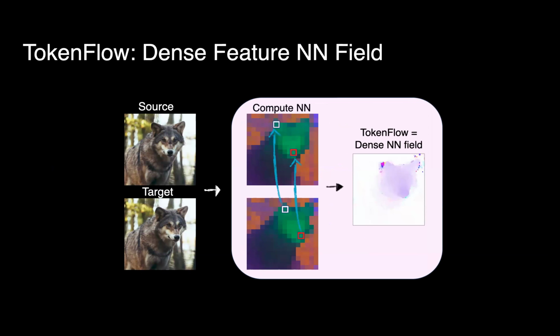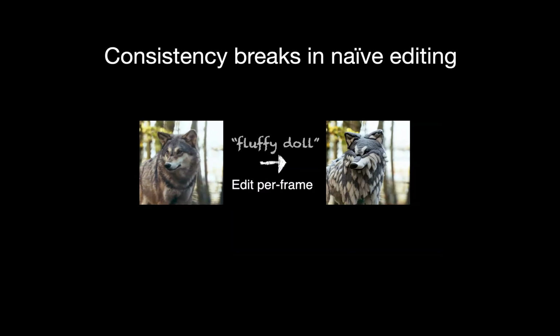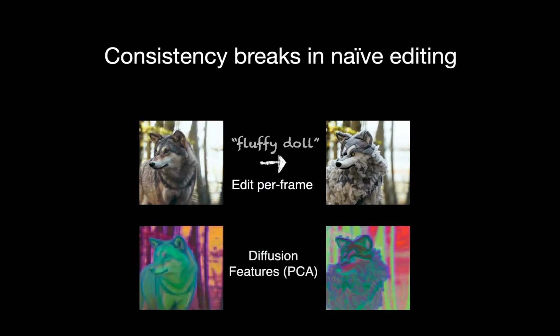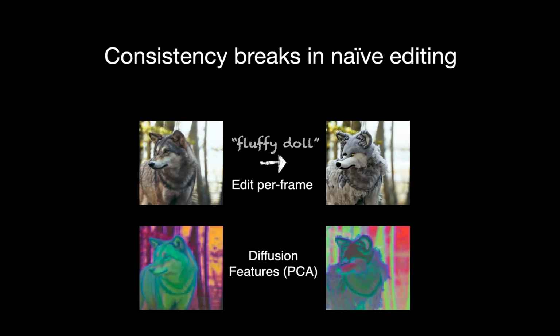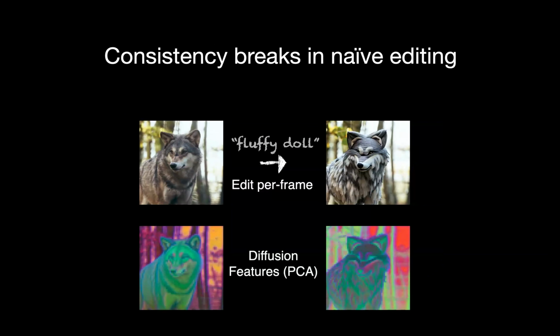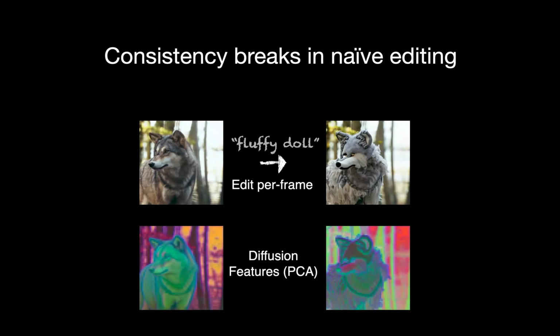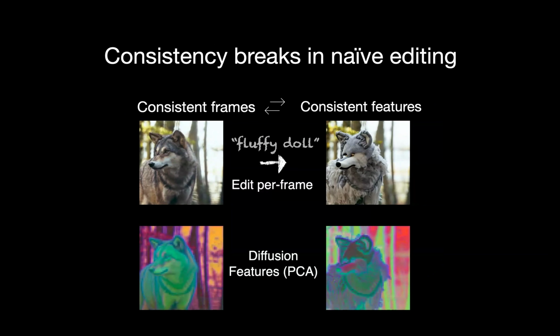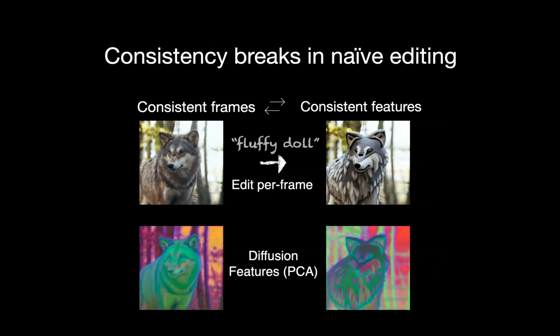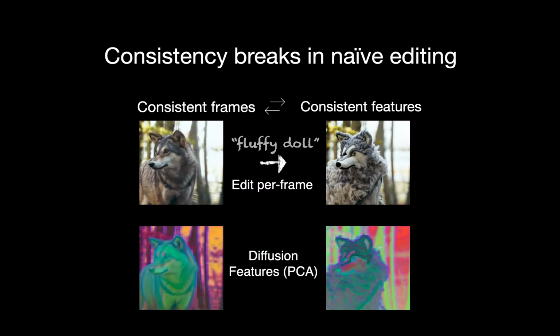And now let's see what happens under this naive baseline. Again, we've seen that for the original video, we get consistent features. But once we apply per-frame editing independently, this consistency breaks. And that suggests that there is a tight relation between consistency in RGB space and consistency in feature space.